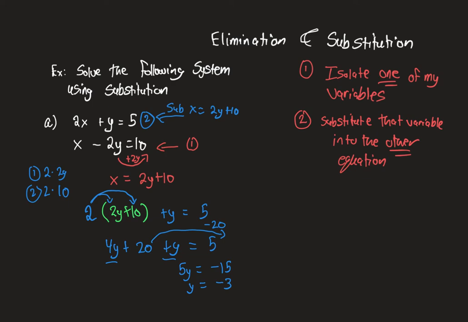So I have accomplished finding one of my variables. So we're going to move on to step number 3. Step number 3, you are going to sub the variable into the first equation that we made.